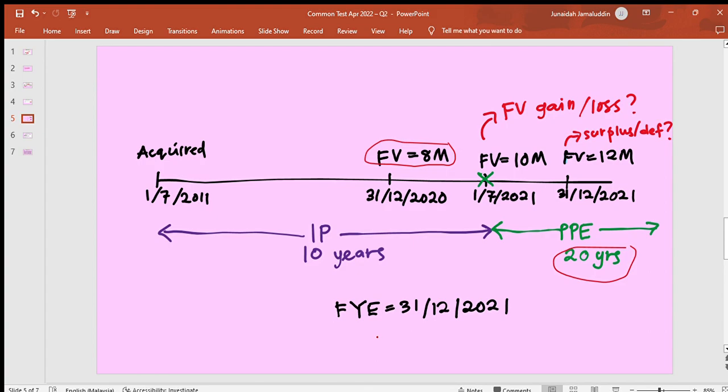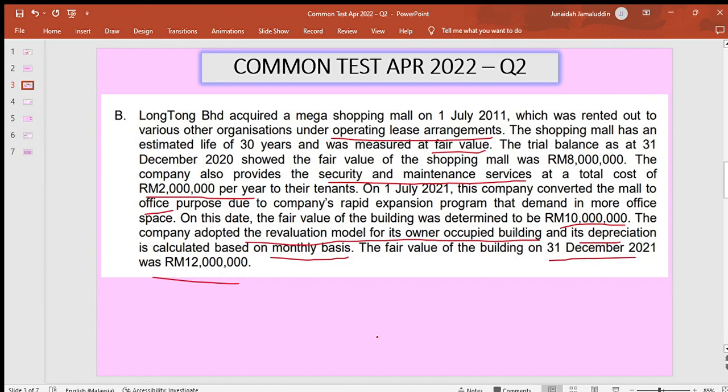Another important thing that I would like to highlight here is regarding the security and maintenance services provided by the company to its tenant. In this situation, the company has provided ancillary services to its tenant, other than renting out the property under operating lease.